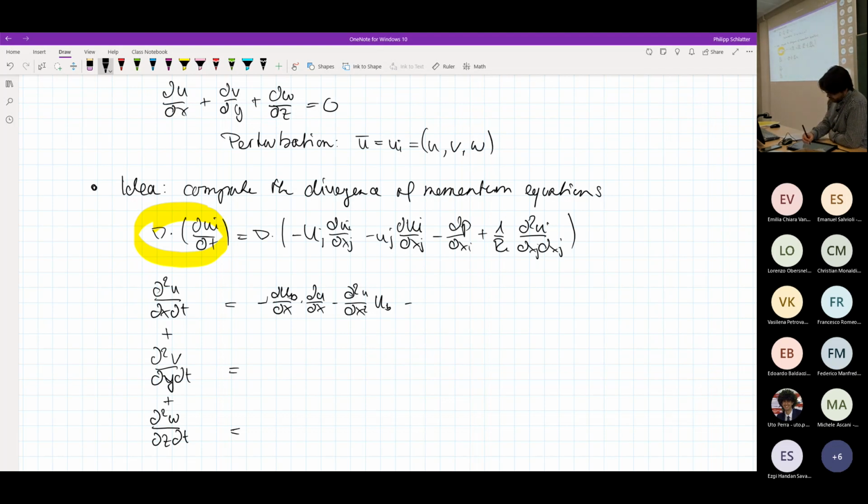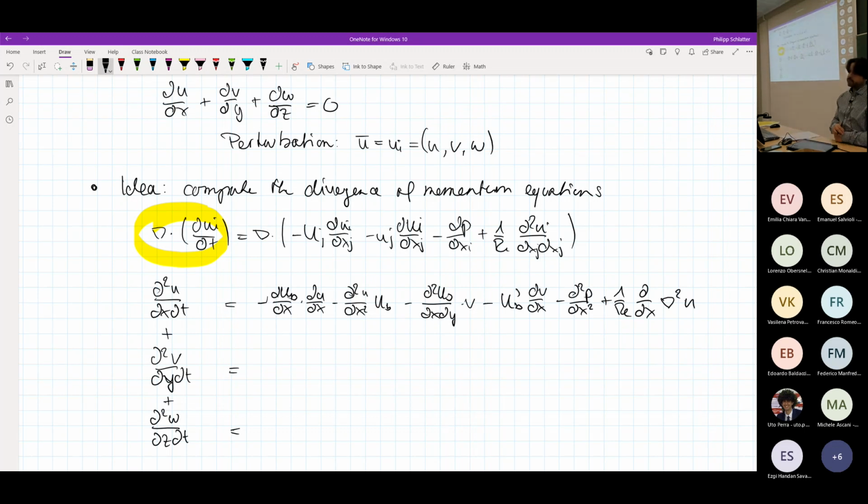Second one will be d squared ub dx dy times v minus ub prime dv dx minus d squared p dx squared plus 1 over Reynolds ddx of nabla squared u. So this is ddx on the first row.